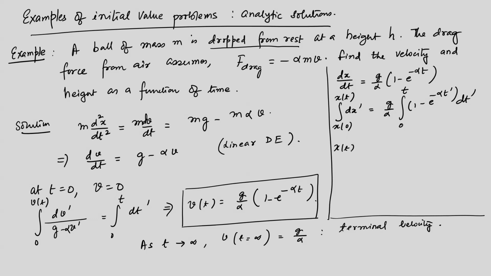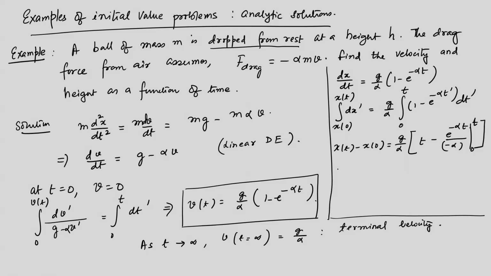This becomes x of t minus x of 0, equal to g over alpha, and 1 will give me a t, and the exponential will give me exponential of minus alpha t divided by minus alpha, evaluated from 0 to t.